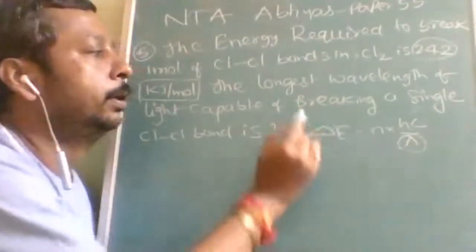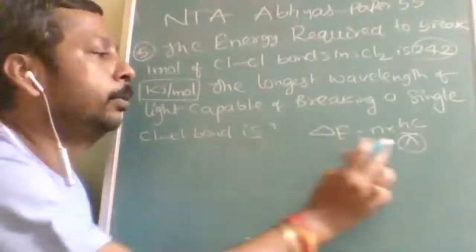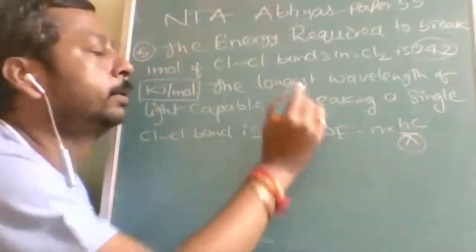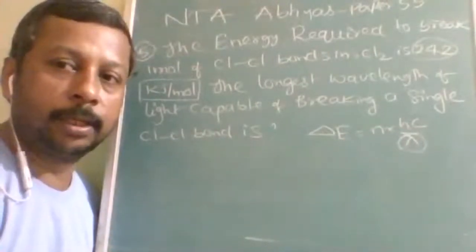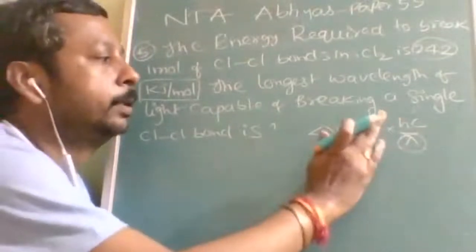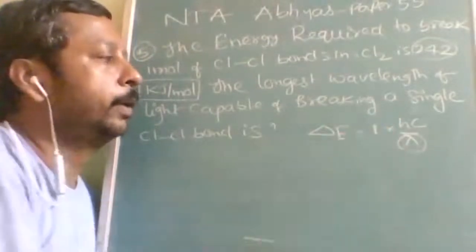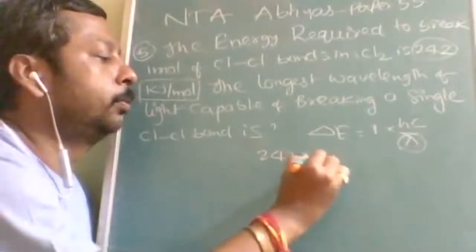Breaking a single chlorine-chlorine bond, the largest wavelength. Lambda is in the denominator, so it has to be the largest one. As a single bond, I will write 1, and here 242 into 10 to the power of 3.